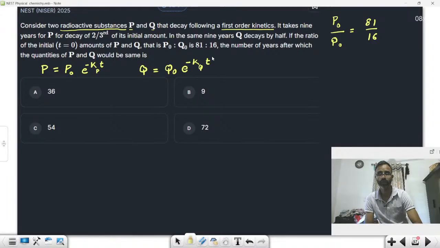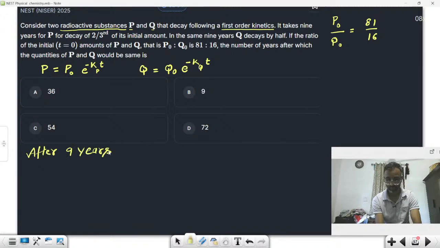Now after 9 years, P decays by 2/3 of its initial amount.